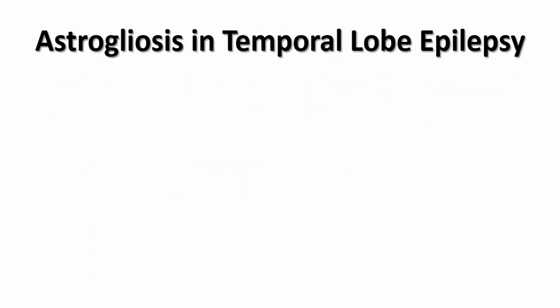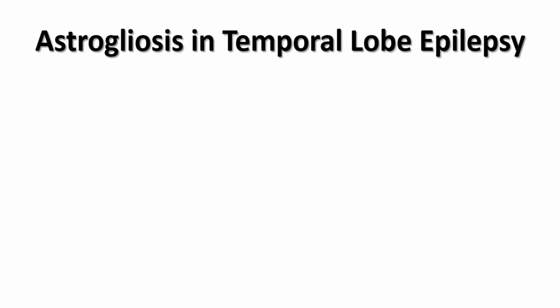Astrogliosis in temporal lobe epilepsy. What is astrogliosis in temporal lobe epilepsy? First of all we have to understand that there are various lobes of the brain, and to understand the temporal lobe, first as a layman we should understand the different lobes of the brain.